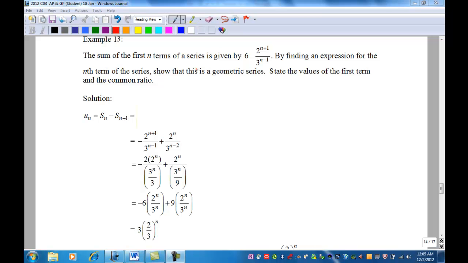Now recall that when we want to show that a series is a geometric series, when we are given the sum of the first n terms of a series, here they didn't mention whether it's GP or AP, we are given that the sum of the first n terms of a series is given by this.